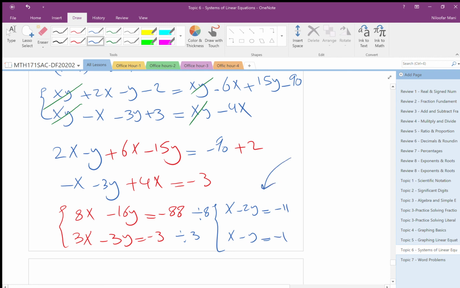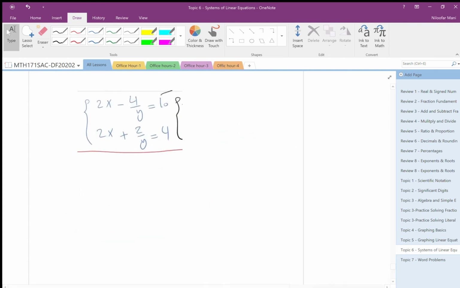Okay, see, I can have different questions rather than what you saw before when I was teaching elimination and substitution. For example, maybe you have to remove fractions which are numbers. Maybe you have to remove fractions which are variables. Maybe you have to do cross multiplication. And maybe for here, you can multiply both sides just by y, because x is not in the denominator.